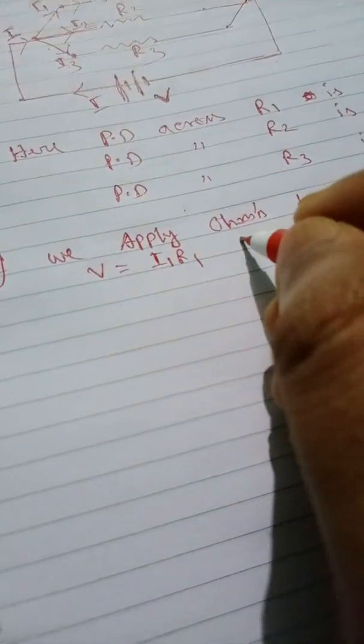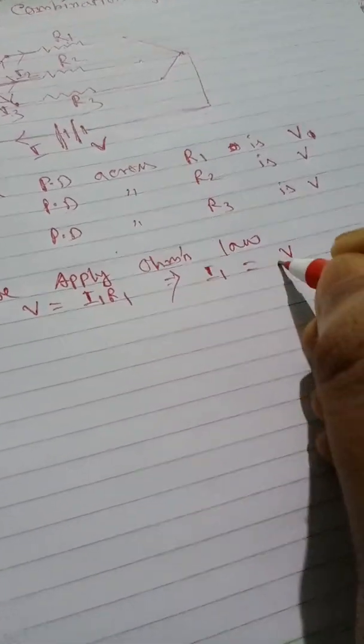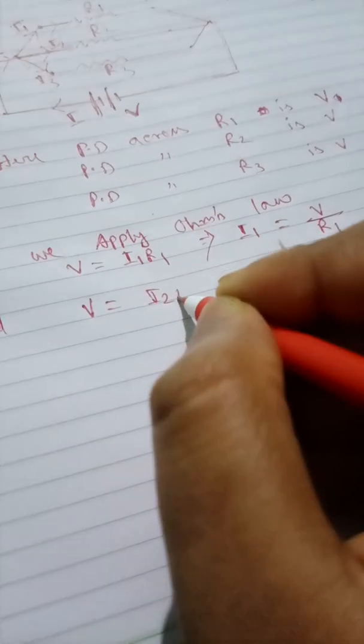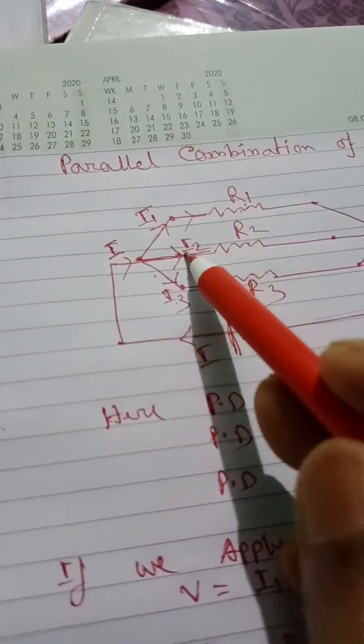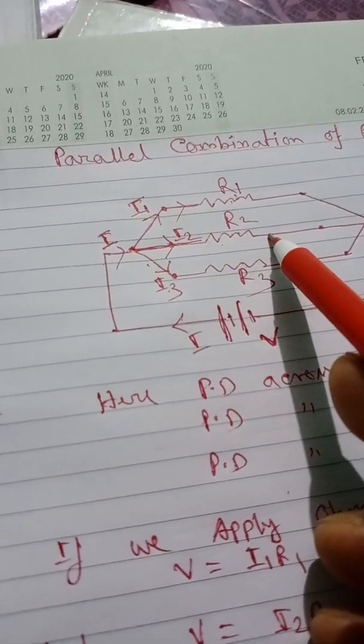Similarly, from here you can write I1 is equal to V by R1, and again we can write V is equal to I2R2, because for R2 the current flow is I2 and the potential difference across the two ends is V, resistance R2.